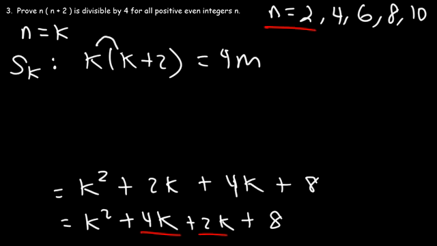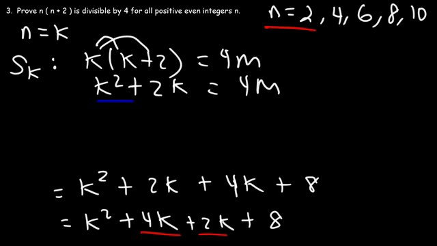Notice that if we distribute k to k plus 2, we'll get k squared and then 2k, and that's equal to 4m. So therefore, since these two are the same, we can replace k squared plus 2k with 4m. And so that's what we need to do at this point.